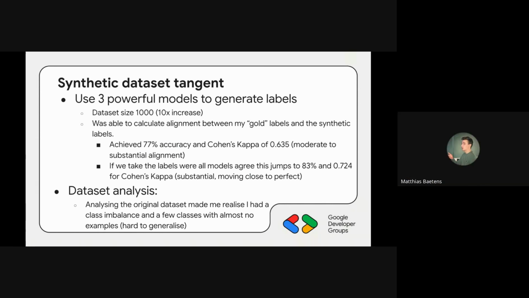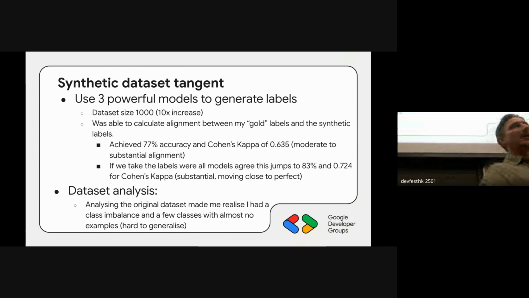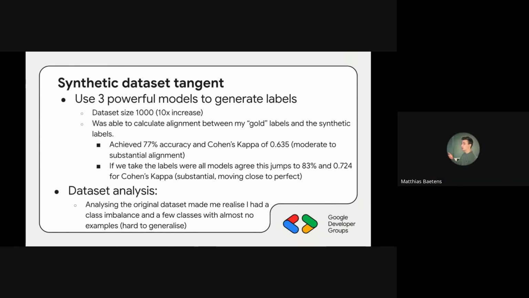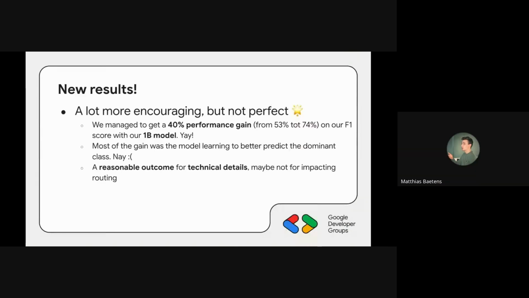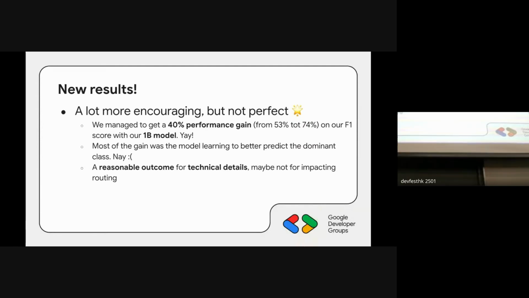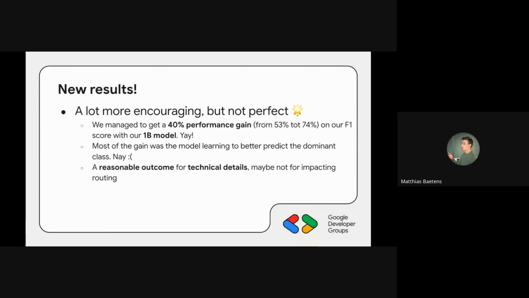All the models agree. So, new results with the data sets: out of the 100,000 examples I got in this data set, about 100 were left. And the result was a bit more encouraging. We managed to get a 40% performance increase, from 53 to 64.